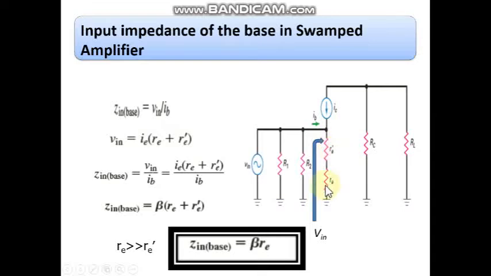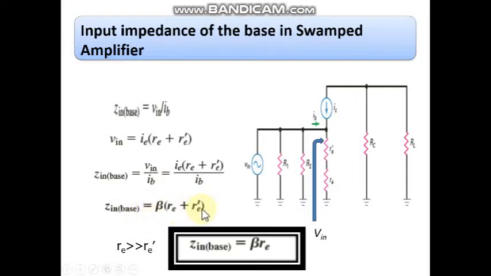So Zin(base) is equal to V input upon IB, where V input is IE into (RE plus RE dash). IC upon IB is equivalent to beta, so your Zin(base) will be beta (RE plus RE dash).